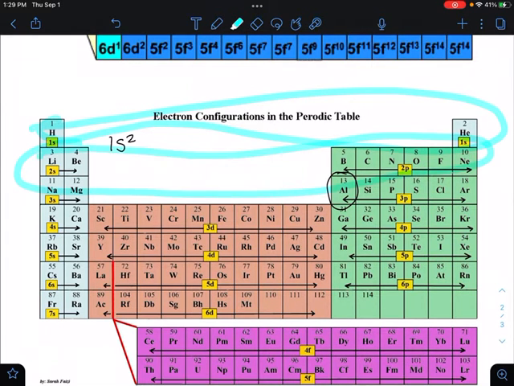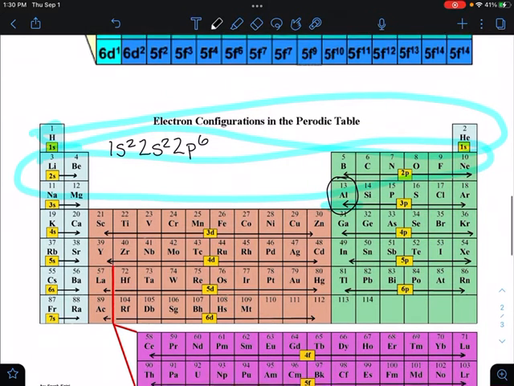So that is 2s2, 2p6, because I'm not where I need to be. I need to trace all the way until I get to aluminum. So I need these, 3s2, but then I'm going to stop at 3p1 because I'm right here.